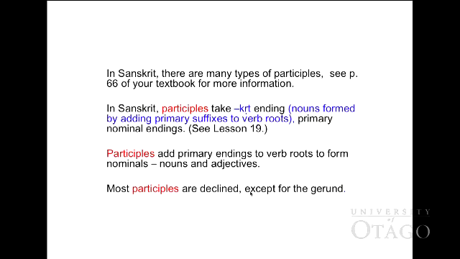Participles add a primary ending to verb roots to form nouns and adjectives. Most participles are declined, except for gerunds. We studied gerunds in lesson 12, such as gatvā, having gone, or āgamya, having come.